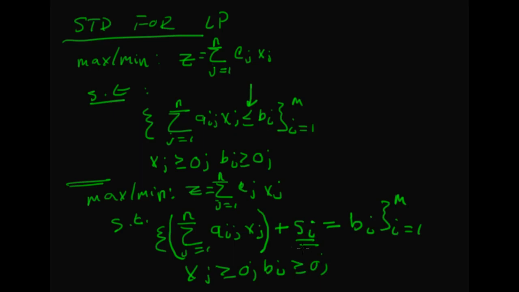And like we said, since we're going from less than to equal to, the si's have to be positive, so all the si's have to be greater than or equal to 0. So this is our new vision for how a linear programming problem works. We go from inequalities to equations in the constraints by adding these slack variables.